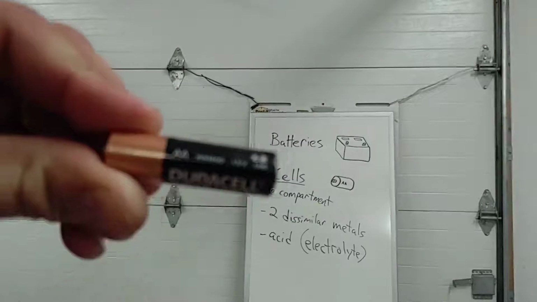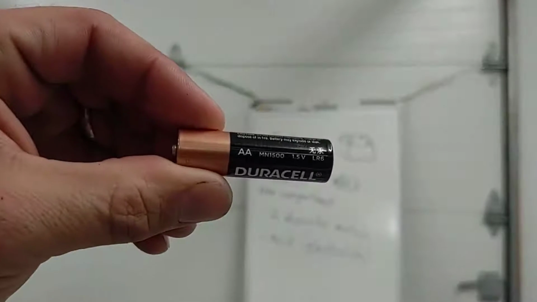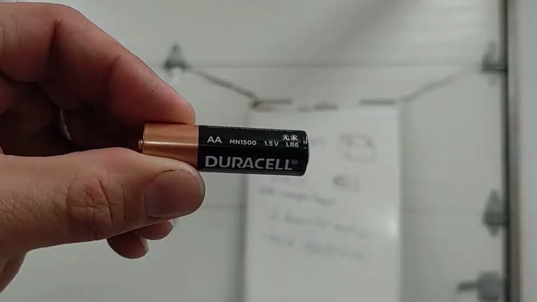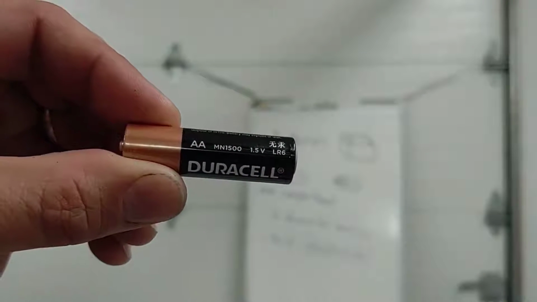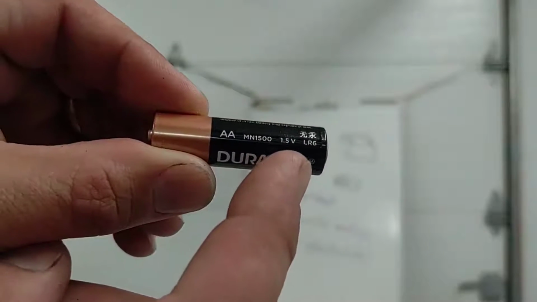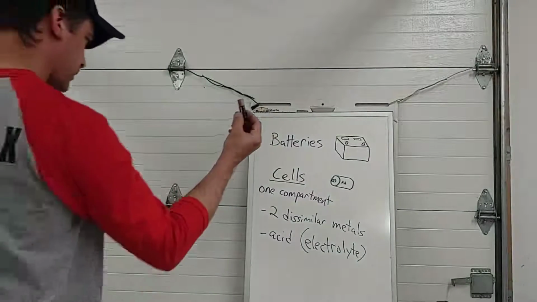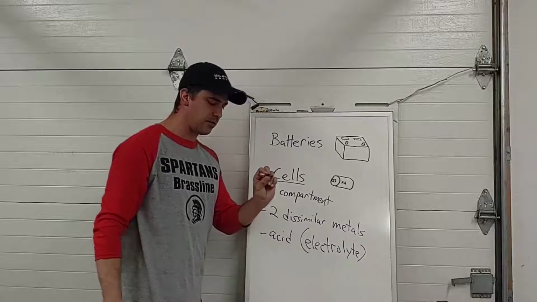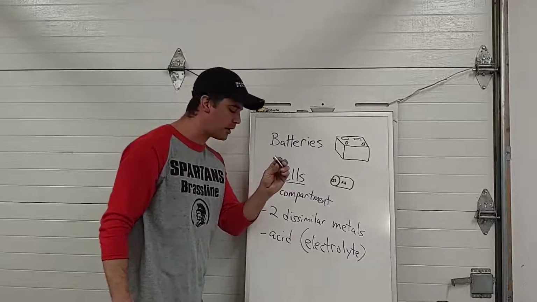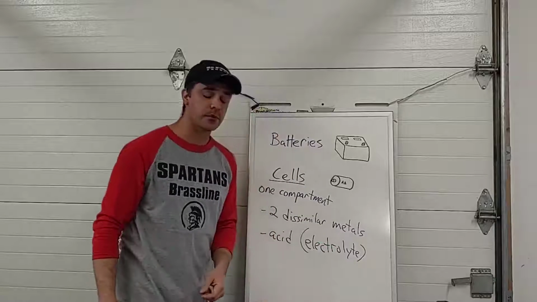AA is the trade size, and 1.5 volts it says over here. So this little cell is capable of making 1.5 volts, and actually a surprising amount of amperage you can get out of a AA battery. We'll come back to that in a little bit.